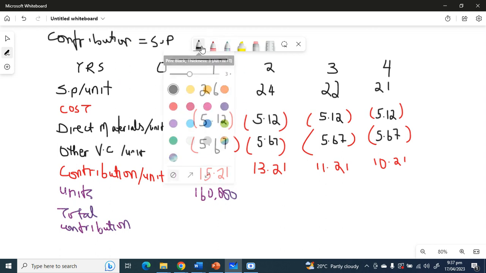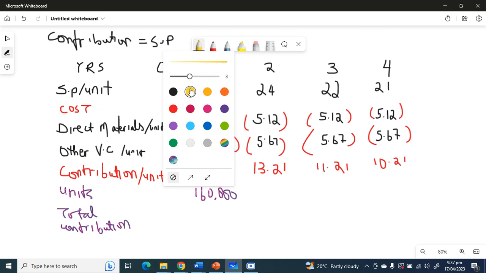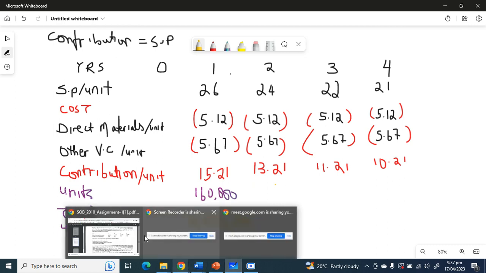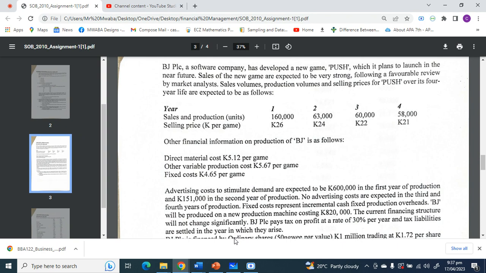So 15.21 multiplied by 160,000. We got 2 million. In the next year, we expect to produce 63,000 units.